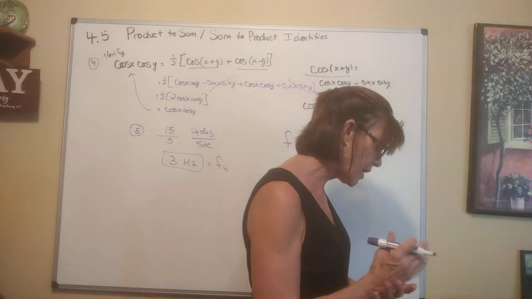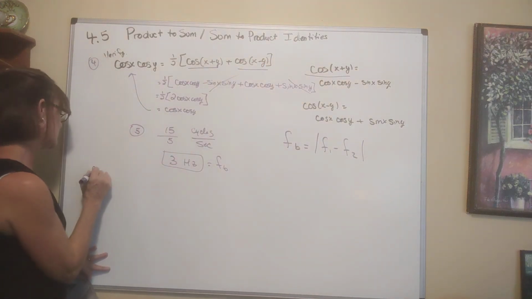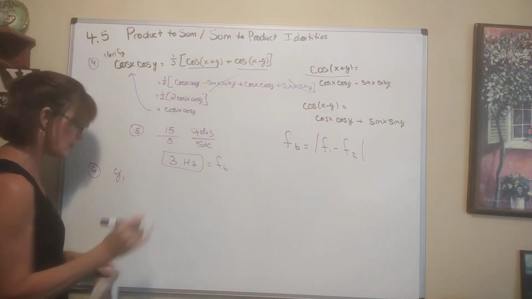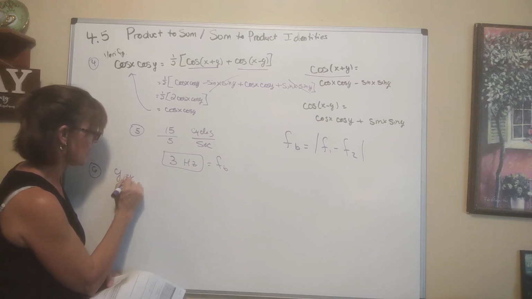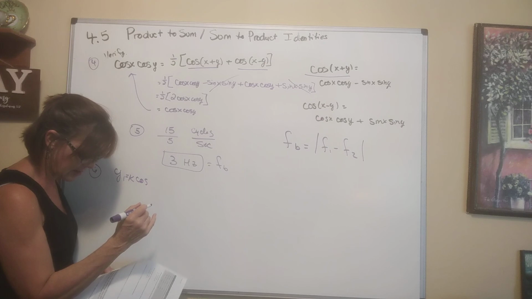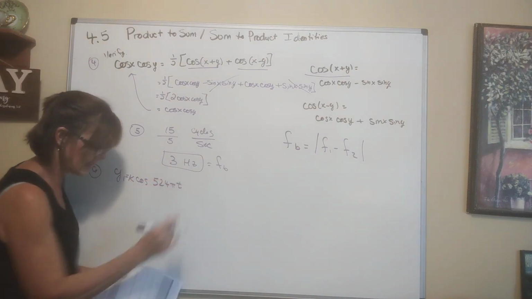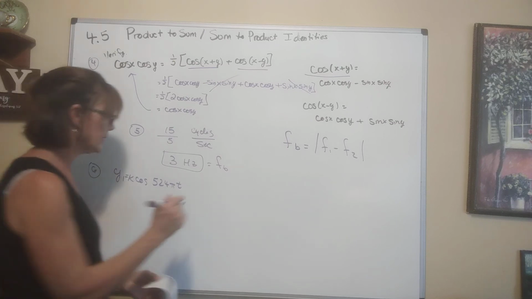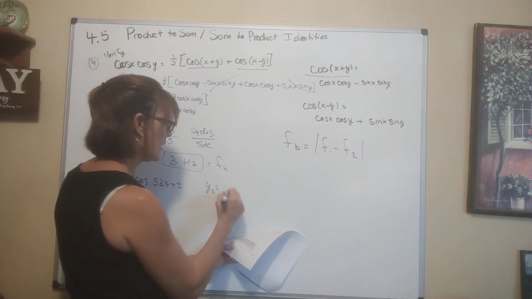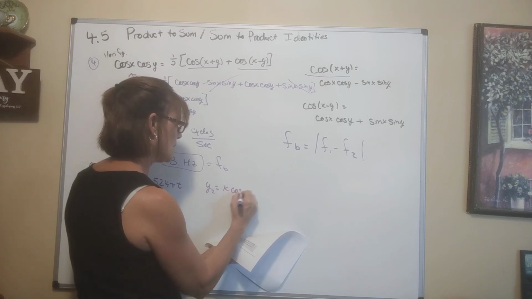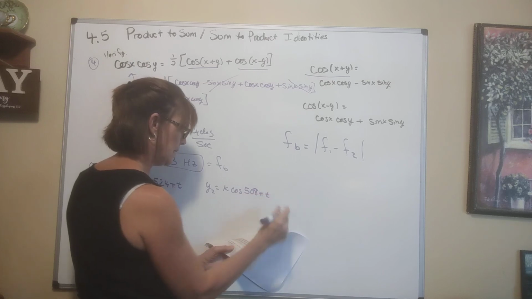It says if one tone is described by this, I'm going to call it Y1, equals K times the cosine of 524 pi t. And another one is described by Y2, equals K times the cosine of 508 pi t.